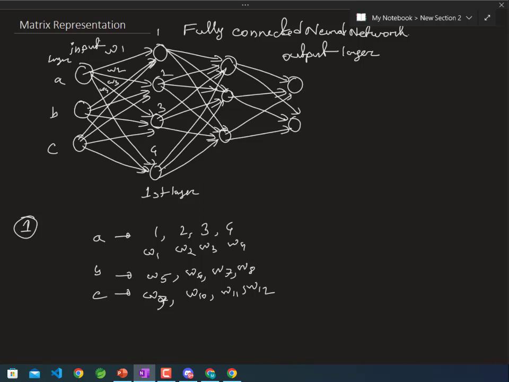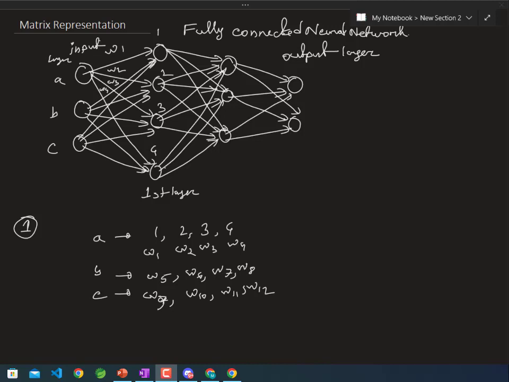So the connections of the ABC inputs with the first layer neurons 1, 2, 3, 4 are associated with 12 different weights, and they are shown in the picture as well.